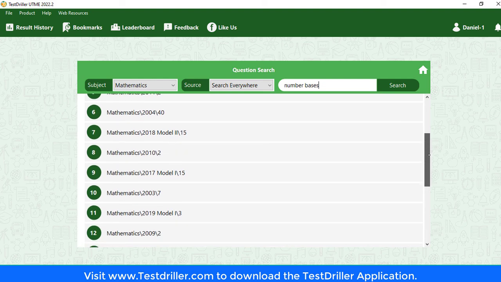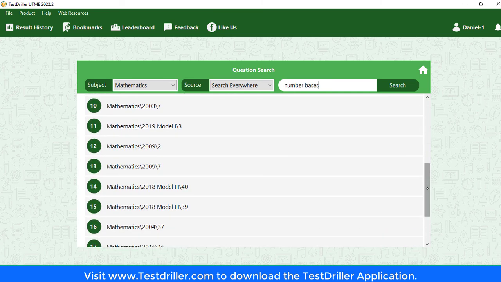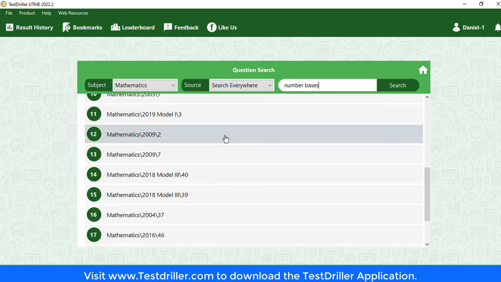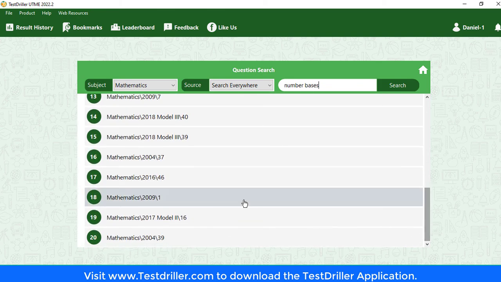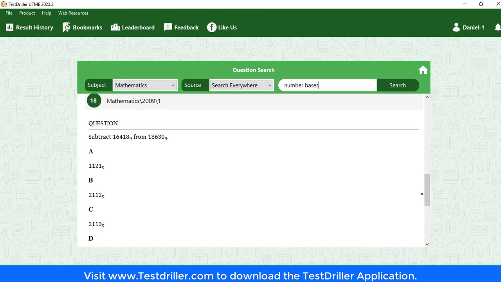I'm going to go to year 2009. Year 2009, question number 1. Okay, so this is the question I'm interested in. So the question is that we should subtract 16418 in base 9 from 18630 in base 9.